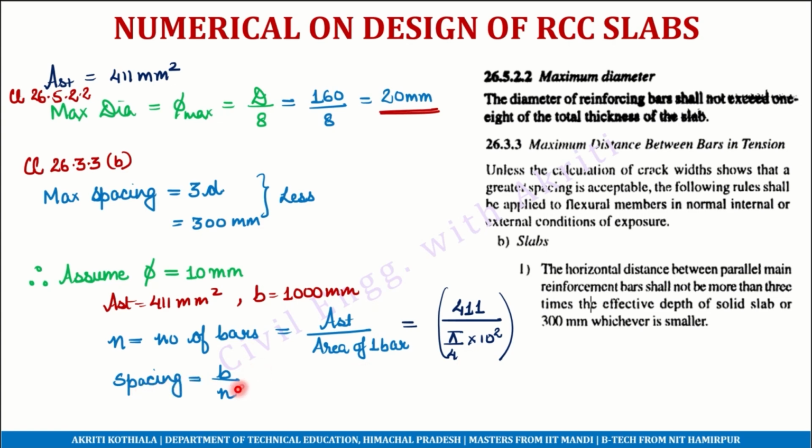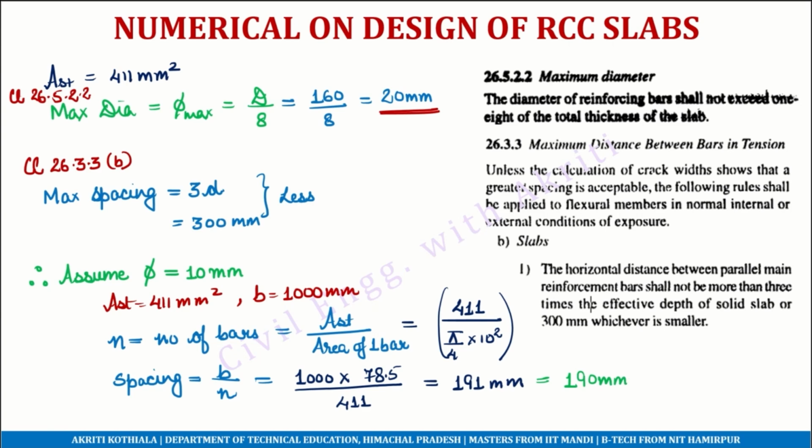Now the spacing will be equal to width upon the number of bars, because for a slab we are assuming the width to be equal to 1000, and substituting these values, we obtain a spacing of 191 mm. So this is the spacing which is calculated. Now, when we are providing a spacing of 191 mm, it is very difficult for the workers or the labor to provide it. So we will go to the lower nearest multiple of 10, that is 190 mm.